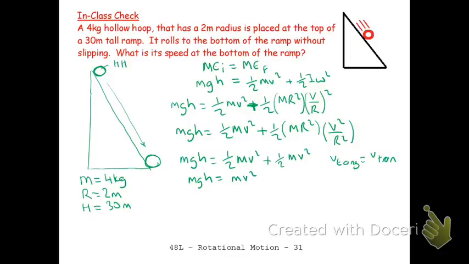That's interesting. So that means that v squared is equal to mgh over m, which equals gh.